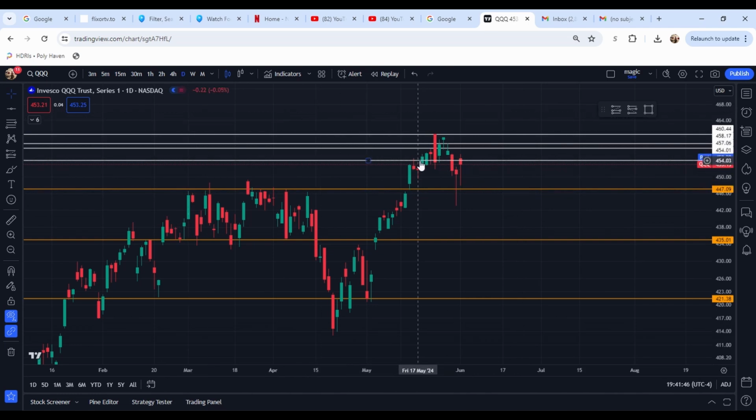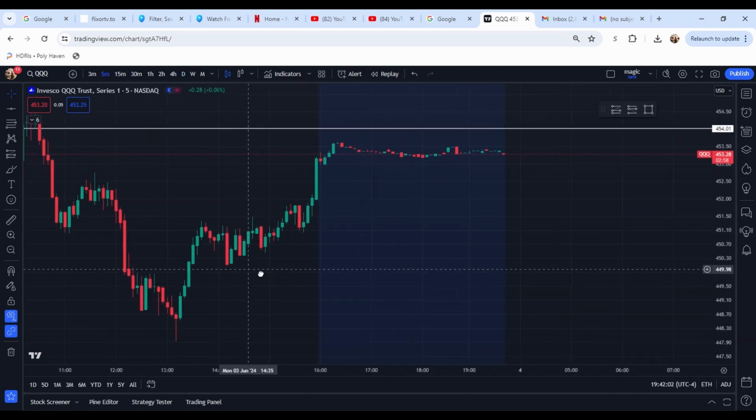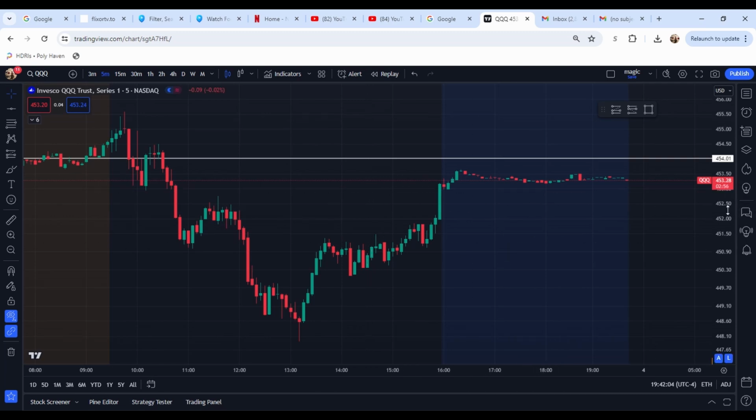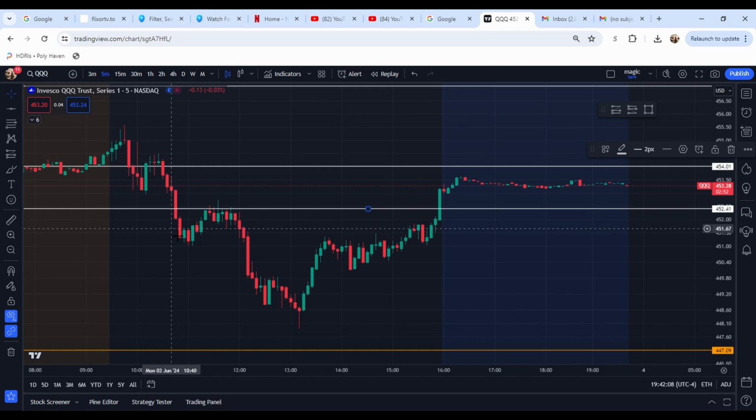Now, it's good to have levels at the lower time frames when you're looking to take scalping trades or a trade that's a very quick in and out trade, right? Maybe you want to take a quick trade on the 5-minute chart, right? And you have some clear resistance here, right?